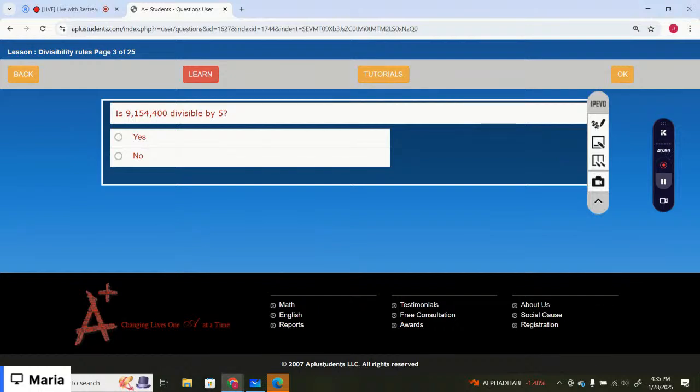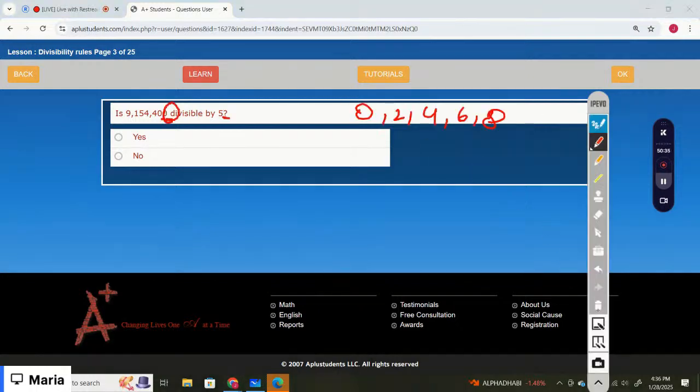Is the number divisible by 5? The divisibility test for 5 is that the ones digit is either 0 or 5.